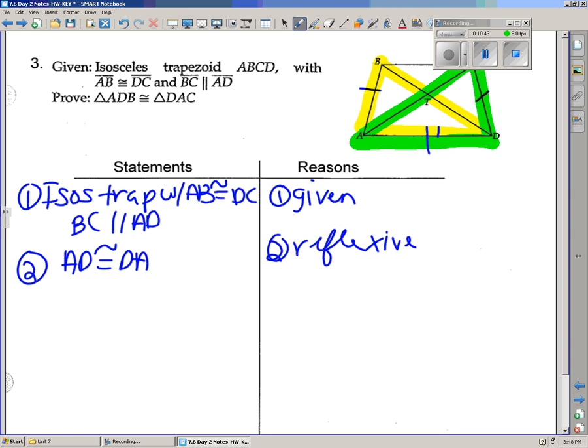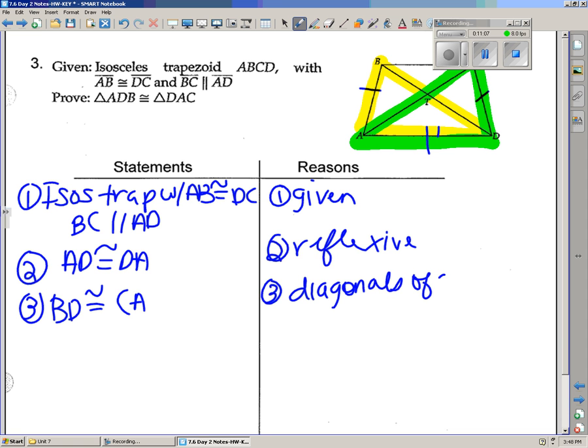And then you also know that in an isosceles trapezoid, the diagonals are congruent too. So why not then do BD is congruent to, what line is that? BD, CA. And that would be diagonals of an isosceles trap are congruent.